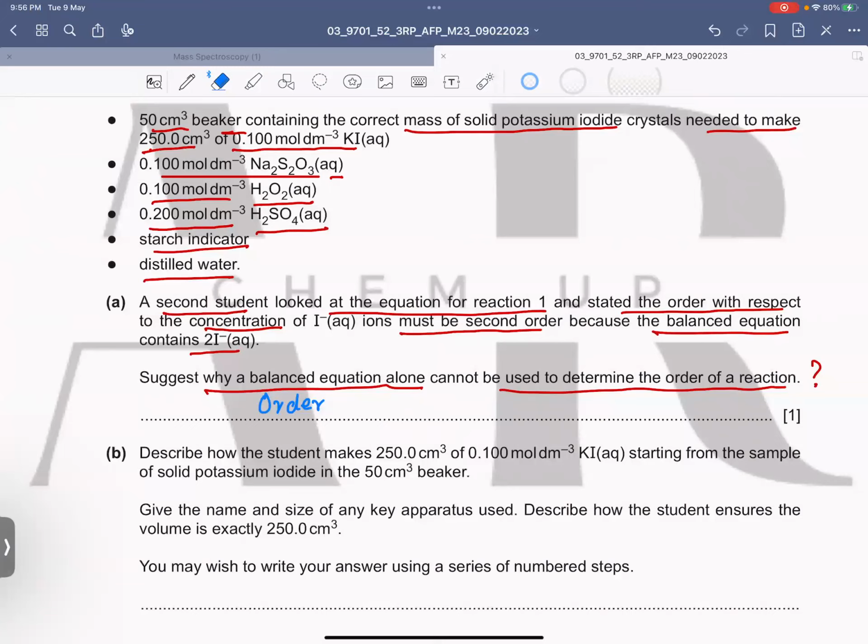So order can only be determined experimentally. You can't determine order without any experiment. You have to remember that you have to do the experiment, record the observations per unit time, and then you can conclude the order. Otherwise, you can't determine the order.